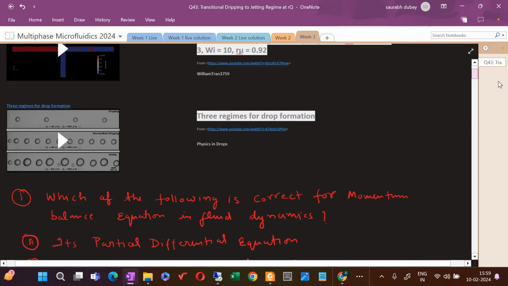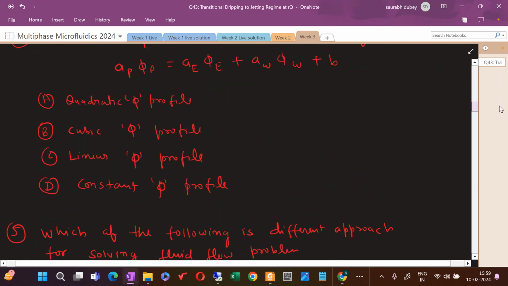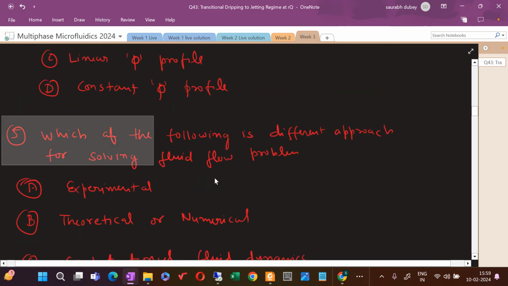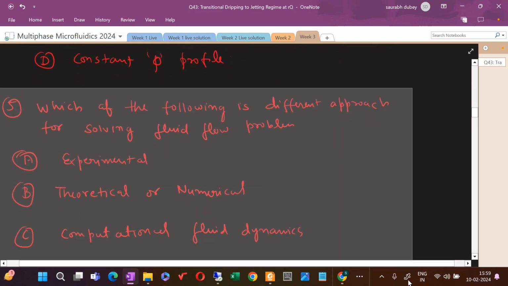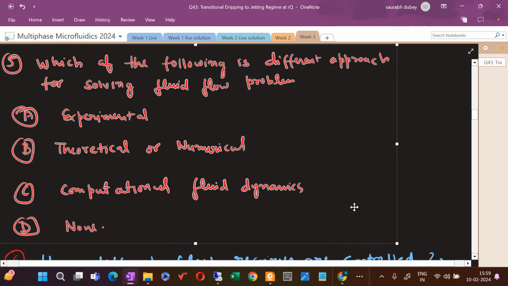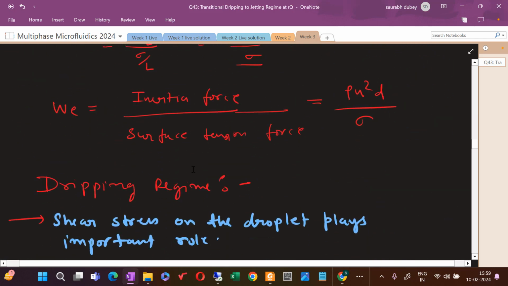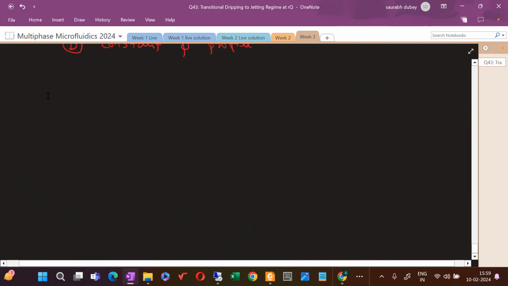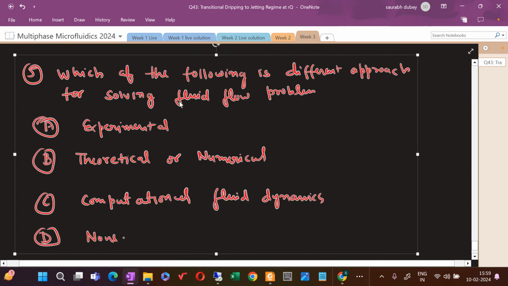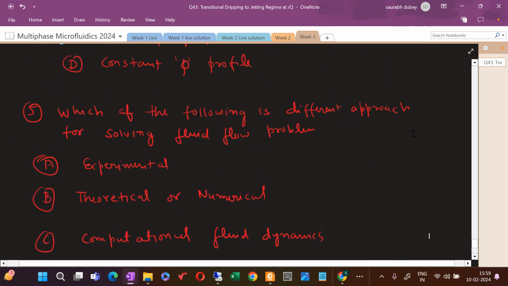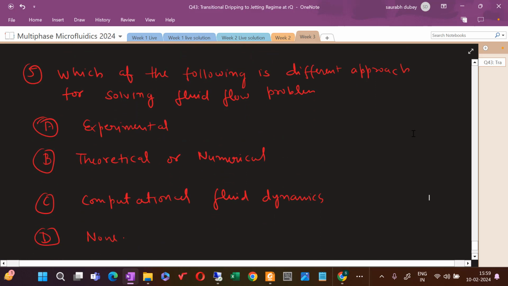The next problem we will be talking about is this one. Which of the following is a different approach for solving fluid flow problems?